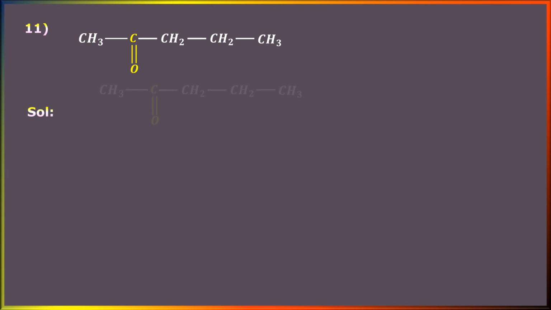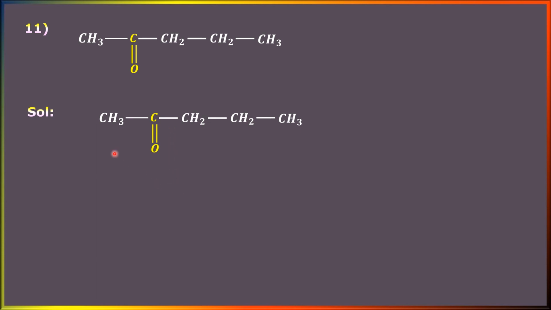Next, problem number 11. This is an organic compound containing a ketone functional group. You see here, the carbon atom in the ketone functional group is part of the parent chain only. Okay, and we have to number the chain in such a way that the carbon atom attached to the functional group gets the lowest possible number.